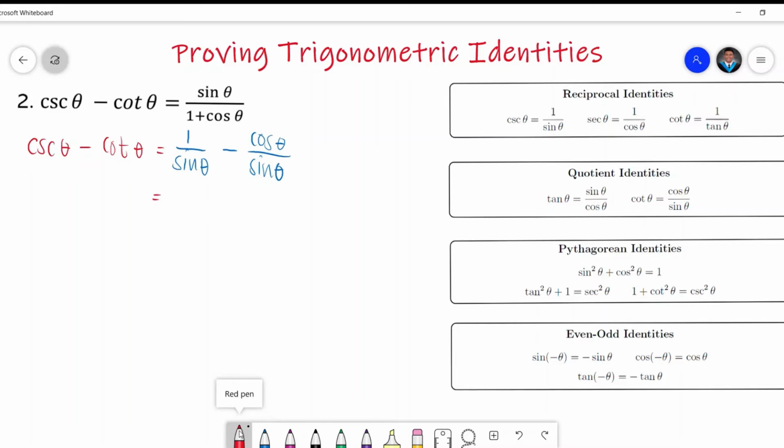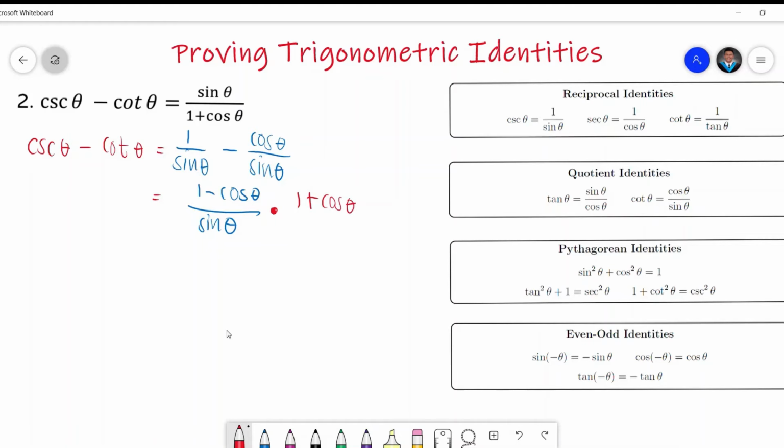Okay, let's copy the common denominator, which is sine theta, then subtract the numerator. So, that is 1 minus cosine theta. Now, at this point, what we can do here to simplify this further is by multiplying both numerator and denominator by the conjugate of 1 minus cosine theta, which is 1 plus cosine theta.